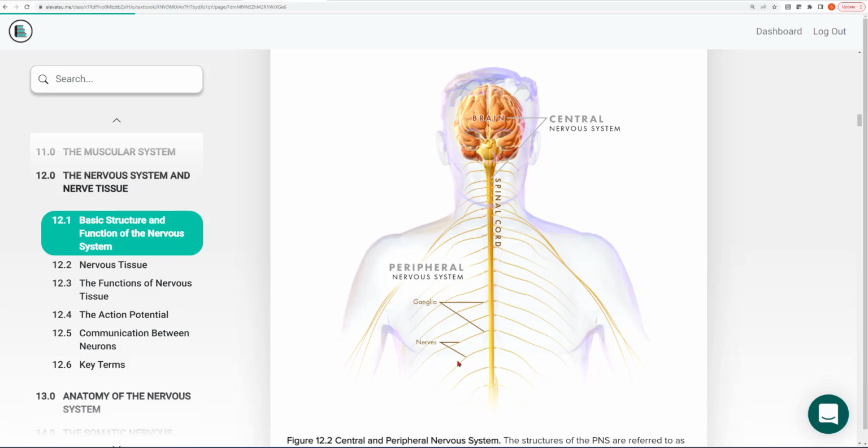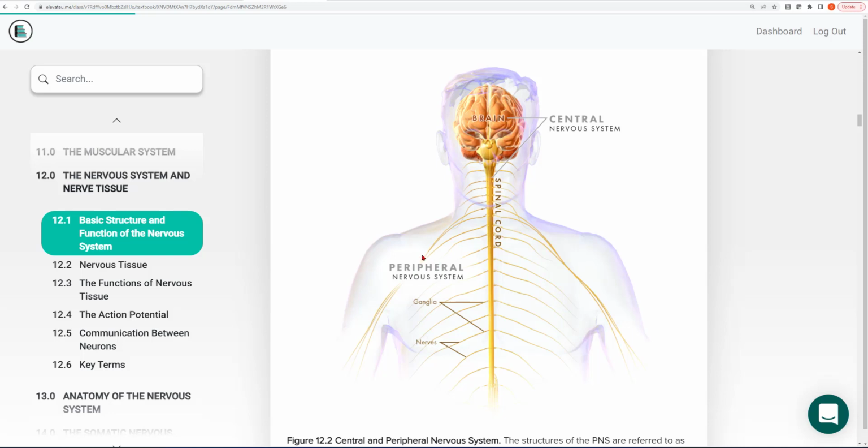Nerves are part of those structures that come off from both the spinal cord and from the brain, and I will be discussing later on, not today, but we'll be learning about the cranial nerves that come off from the cranium, and we'll also be talking about the spinal nerves that come off from the spinal cord. Note that nerves are only found in the PNS.